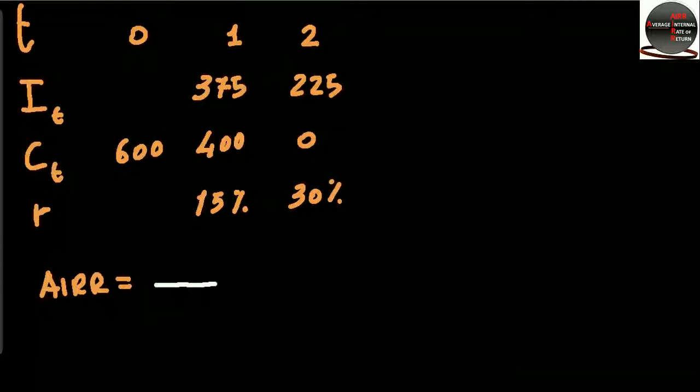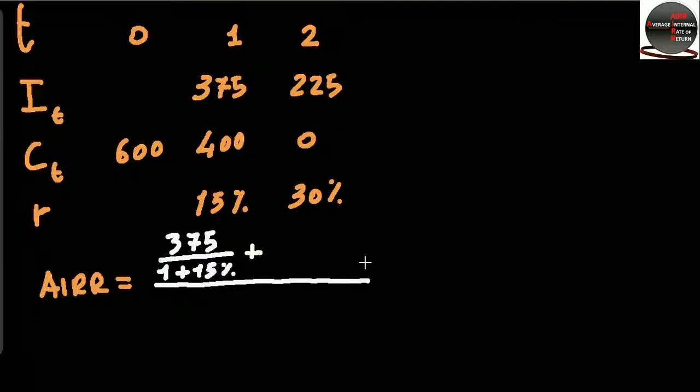And so we have the first income, which is 375. We divide it by the first discounting factor, which is 1 plus 15%. This is the present value of the first income. Now we have the second income. The second income is discounted by 2 periods, and in the 2 periods we have 2 different costs of capital.